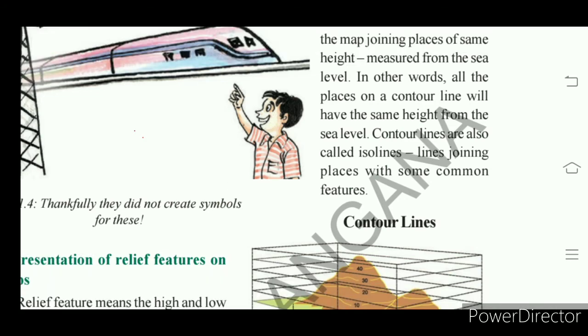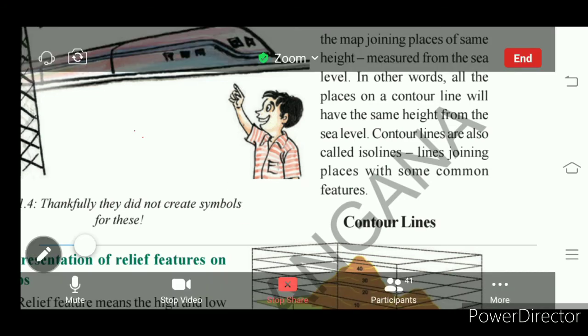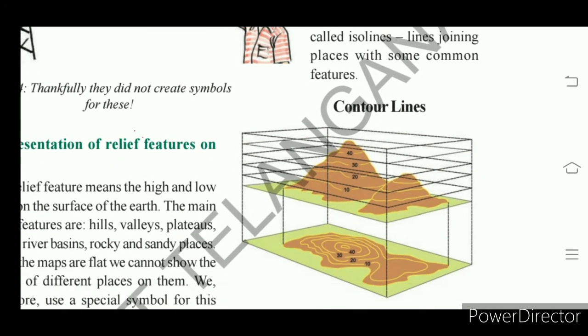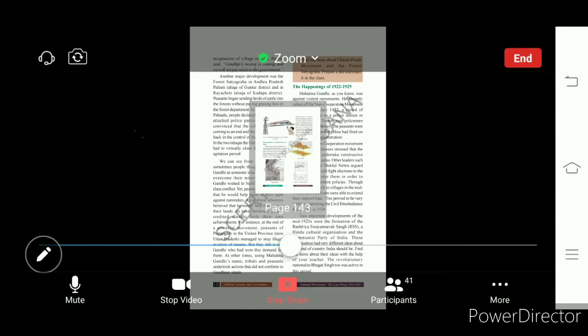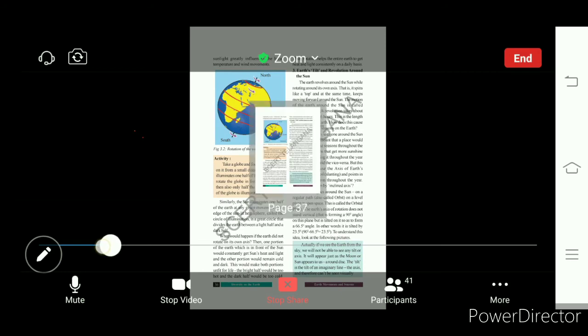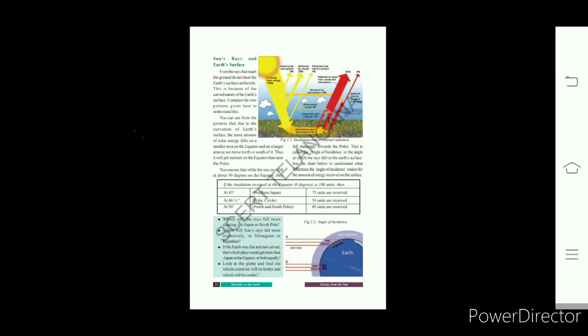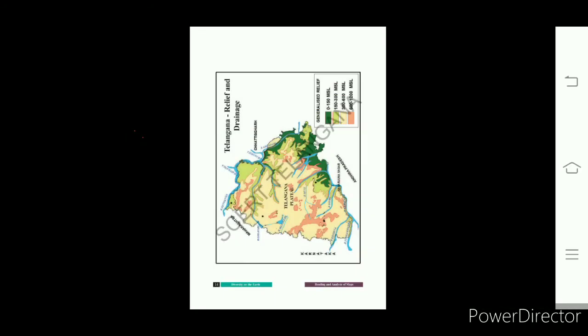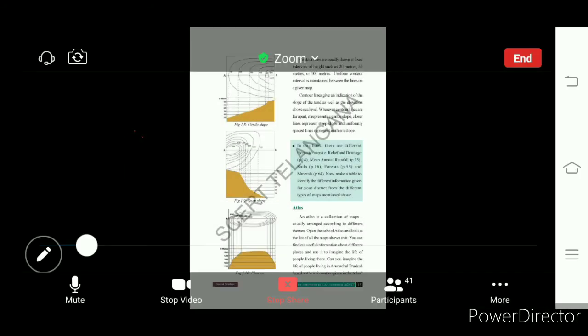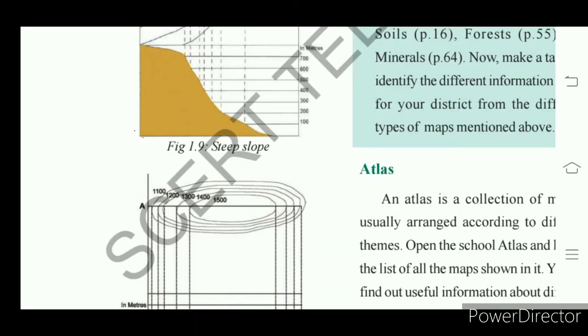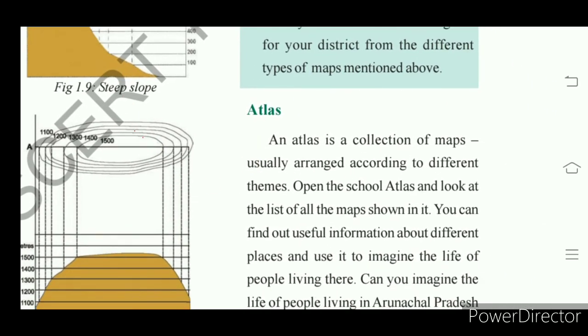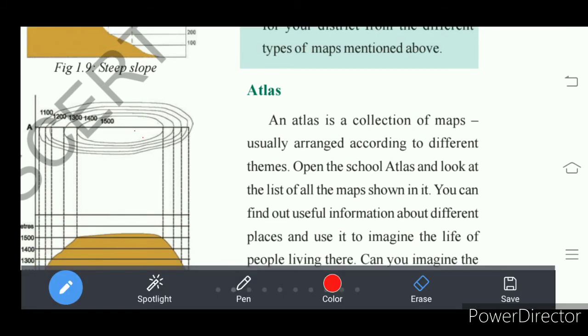Do you think that contour lines are helpful or not? Yes, contour lines are helpful to us, as they tell how the places are and what their height is on the earth's surface, right? Look here, you know that there is an atlas. What do we find in an atlas?